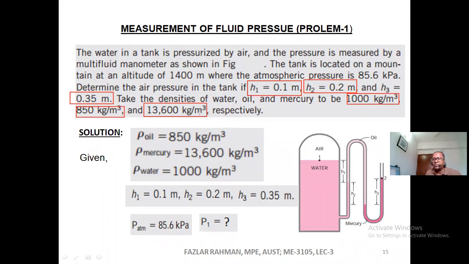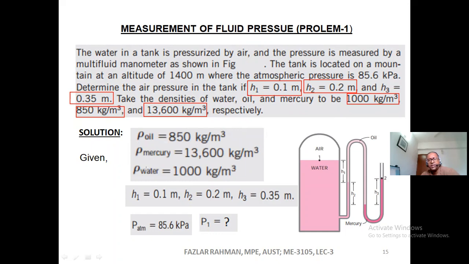So how can we solve it? At first, you write down what is given. Then draw the figure on the right side, then write down the density of the oil, rho oil equal to this much. Density of the mercury, rho m, or you can say rho mercury, equal to this much.